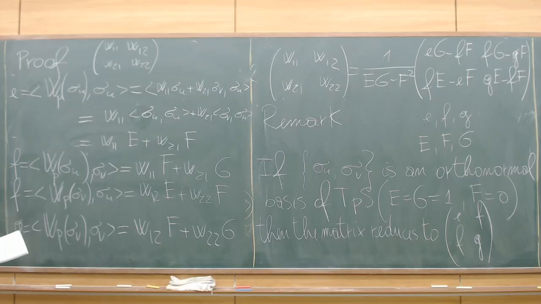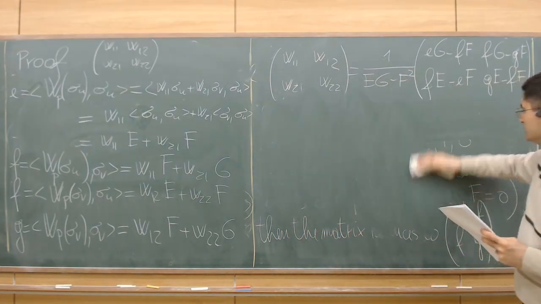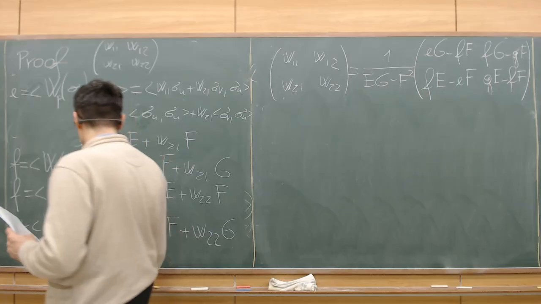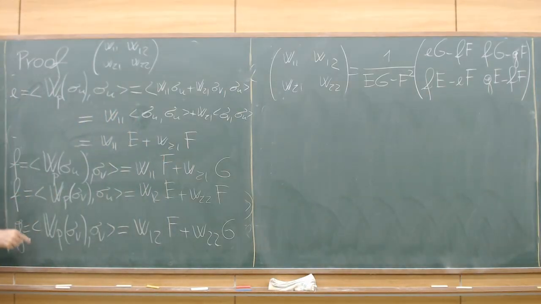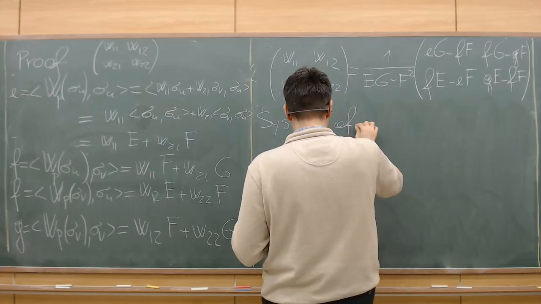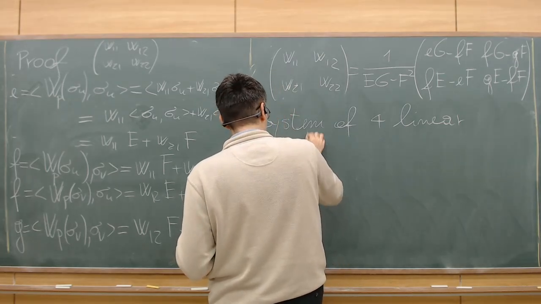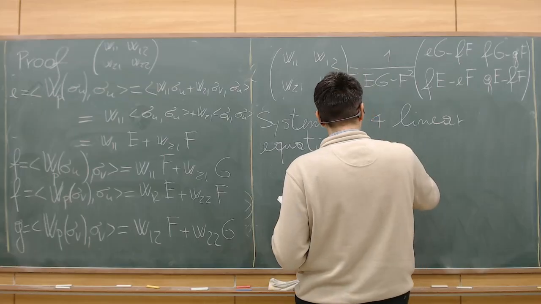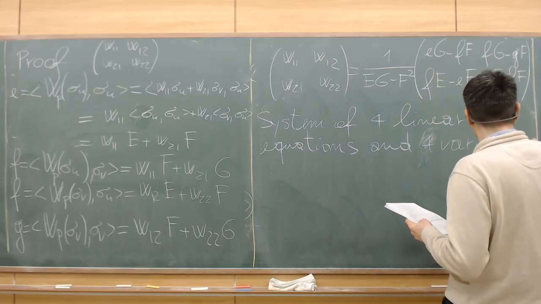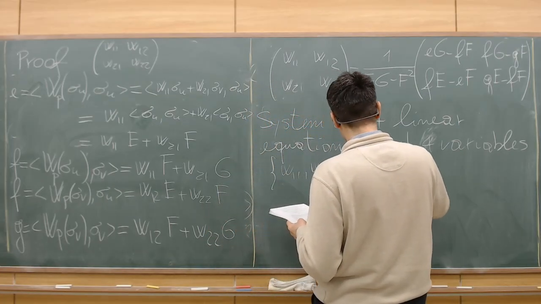Okay, now let's think of these 4 equations as a system of 4 linear equations and 4 variables: W11, W12, W21, W22.